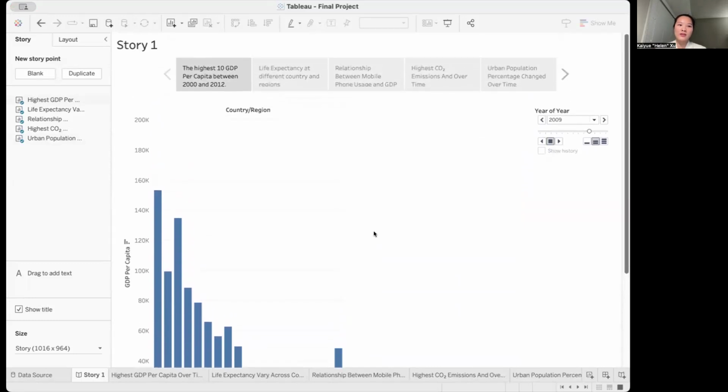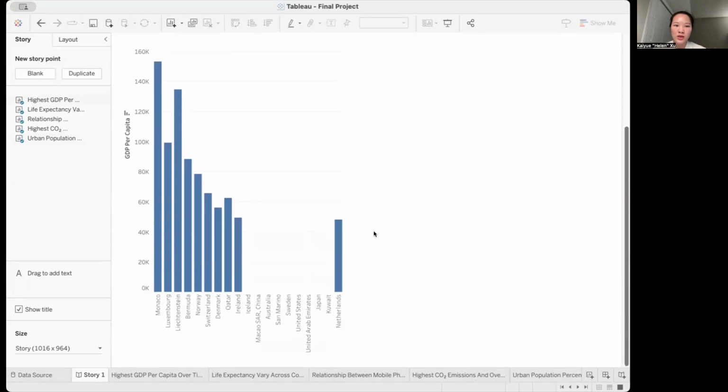The first one is the highest 10 GDP per capita between 2000 and 2012.